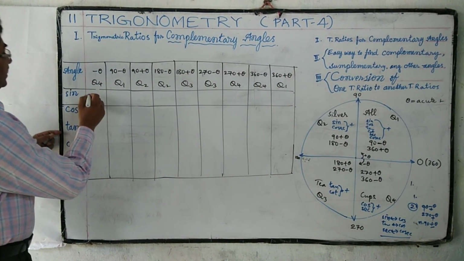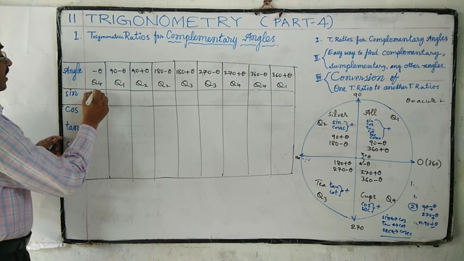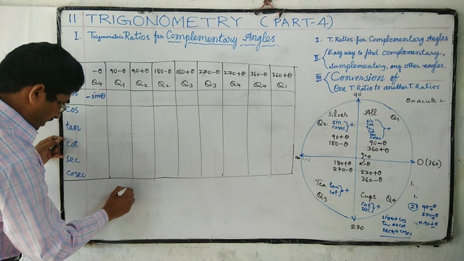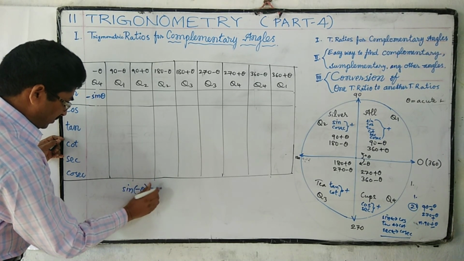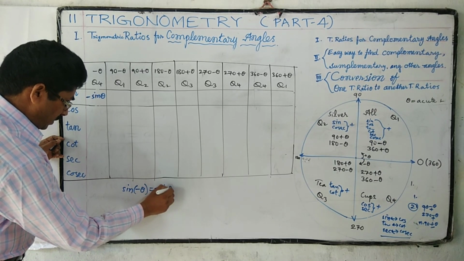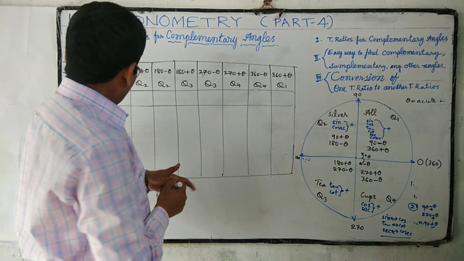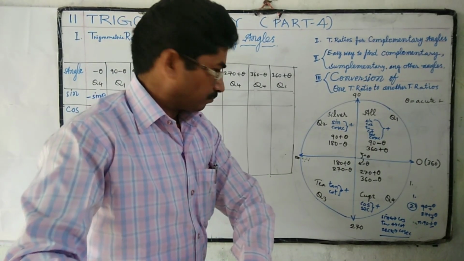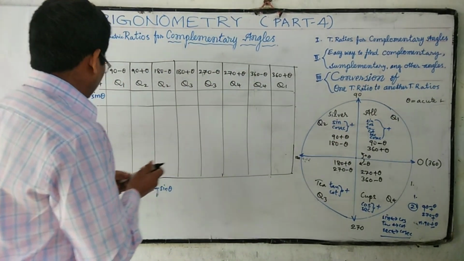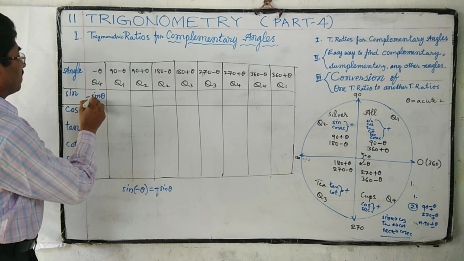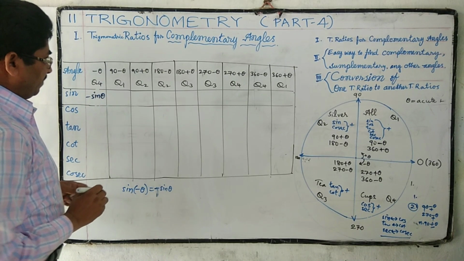So that's why sine minus theta is minus sine theta. Next, sine 90 minus theta. All positive only. So that's why write plus only.